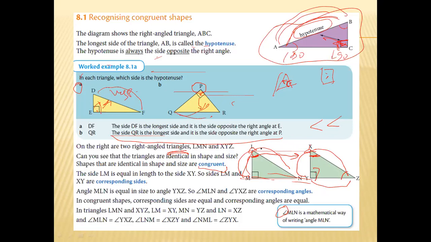That's why the first hypotenuse is equal to the second hypotenuse, because they correspond and they are congruent to each other. Okay, and we have angle MLN and angle YXZ. Angle of L, angle of X, angle of N, angle of Z, and angle of M, or 90 degrees, is equal to 90 degrees.